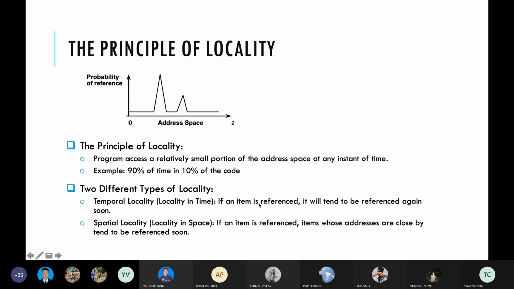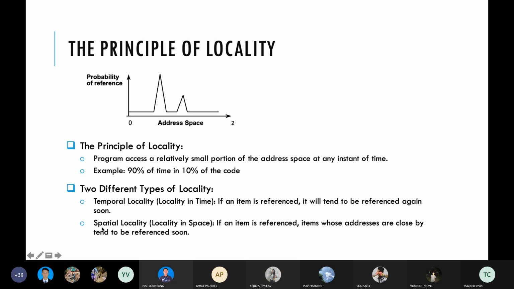If an item is referenced, it will tend to be referenced again soon. So if we access an item at time t, at time t plus 1, the probability of that data being accessed again is quite high. So this is called temporal locality.